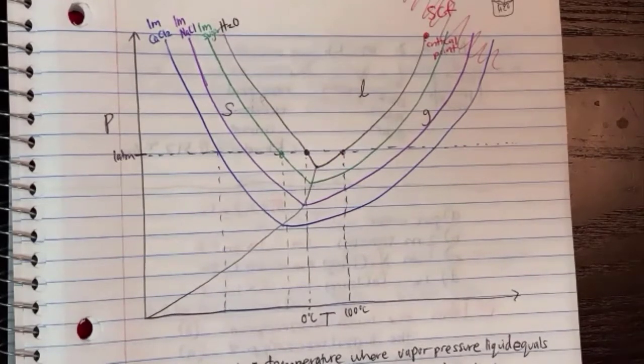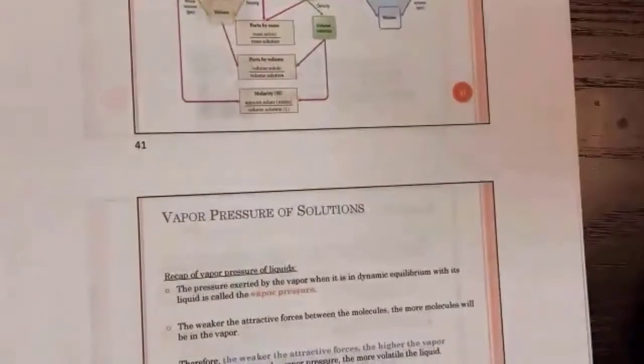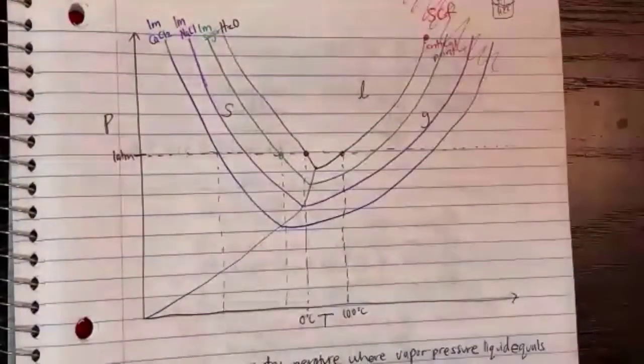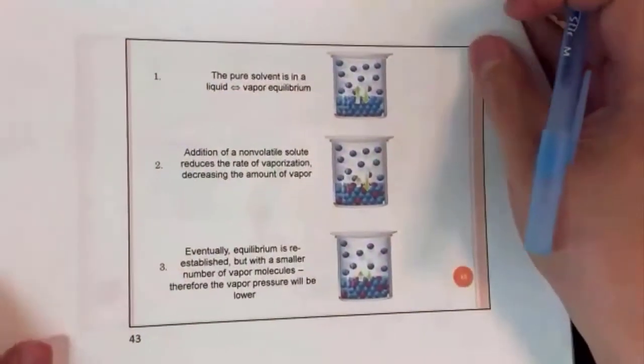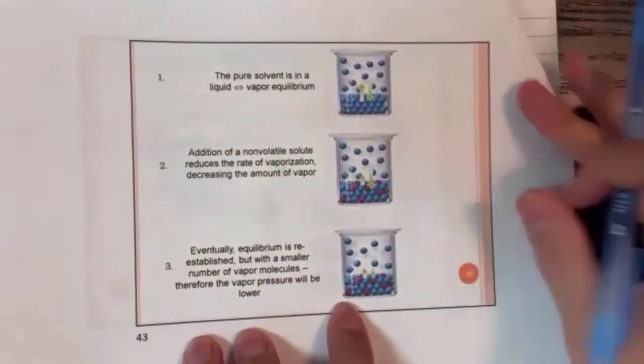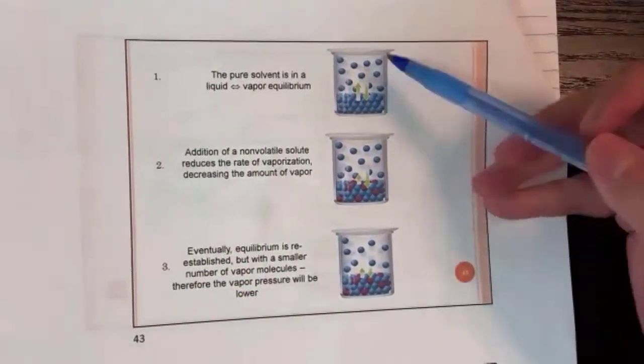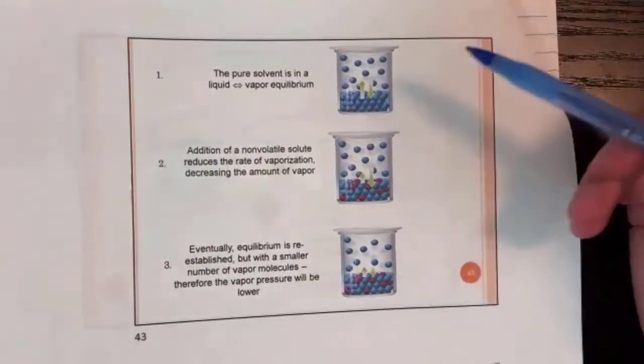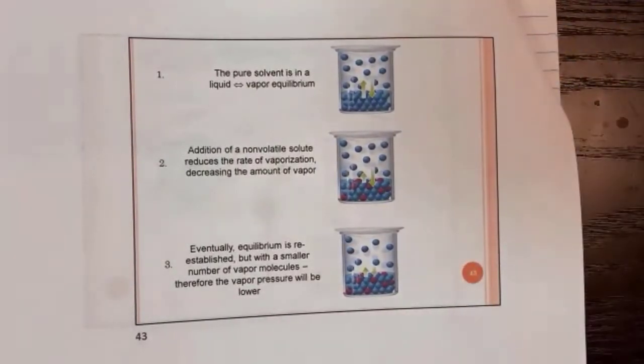So I'm going to show you a picture from our slides. Right here, this is slide number 43. It shows you originally you've got water. We'll just talk water, simpler, easier to imagine.